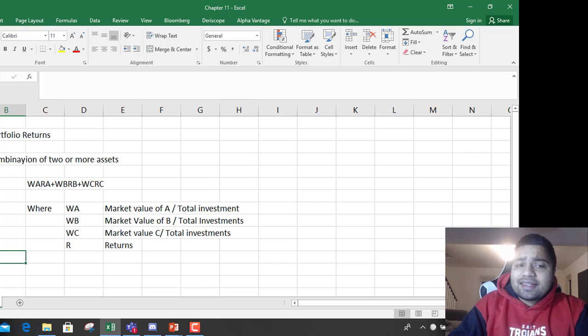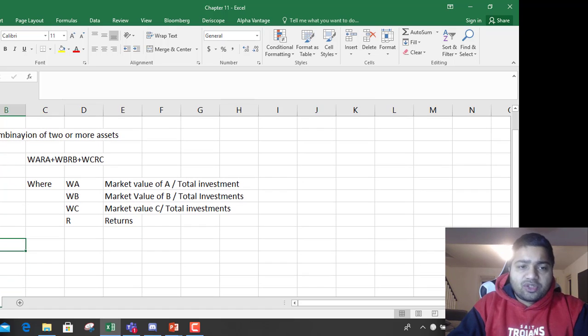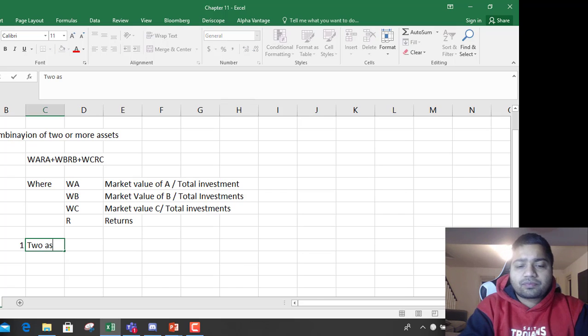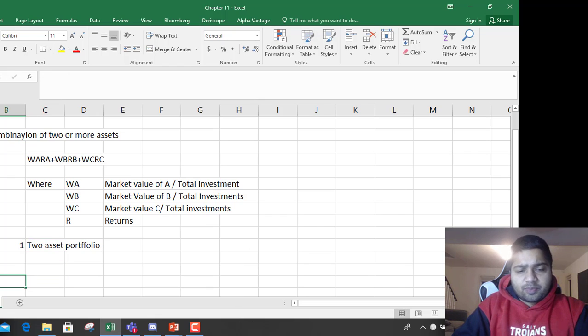Now let's take an example and understand it. So let's do two examples. First, a two asset portfolio, and then we'll do a three asset portfolio.